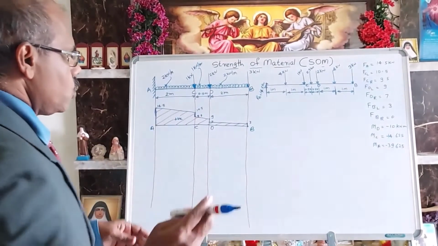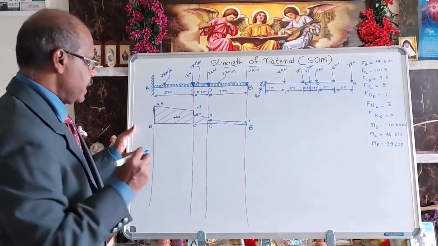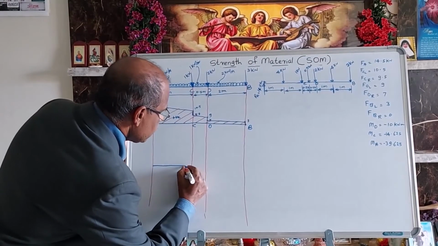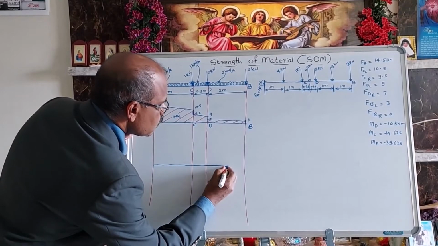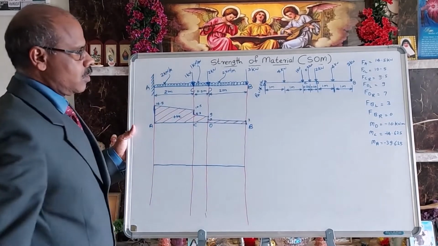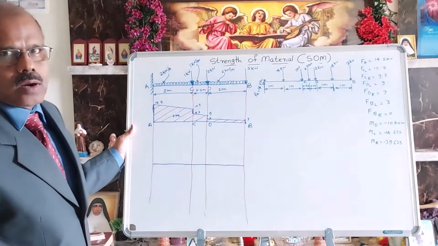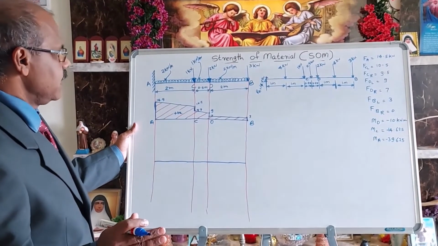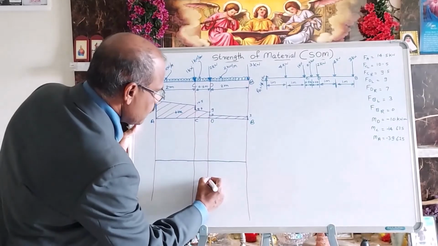Now let us draw the bending moment diagram. For that also make the baseline here. In the bending moment diagram, all values are negative. First at D it is minus 10.